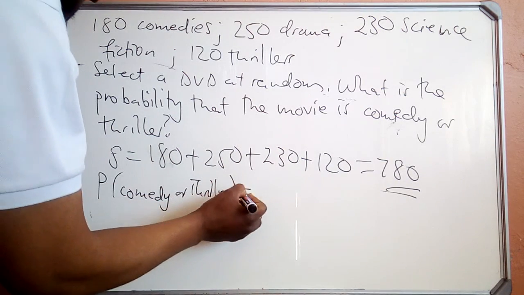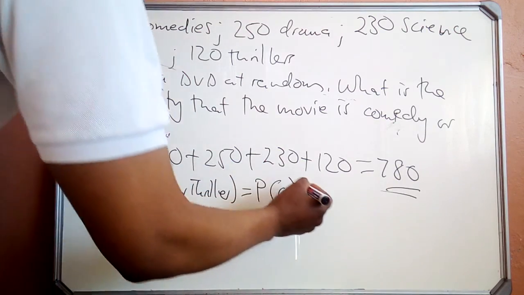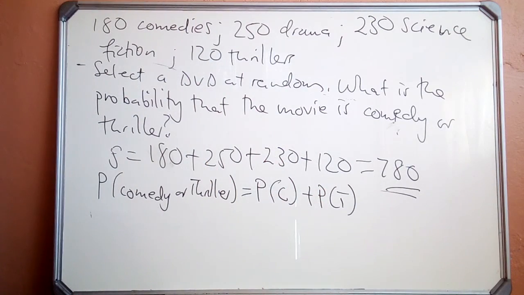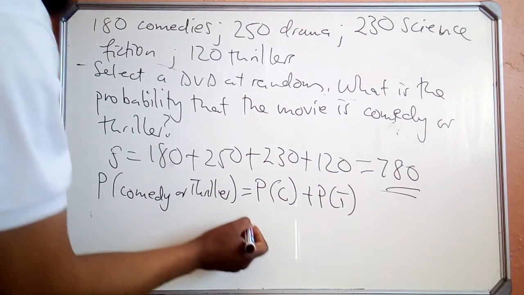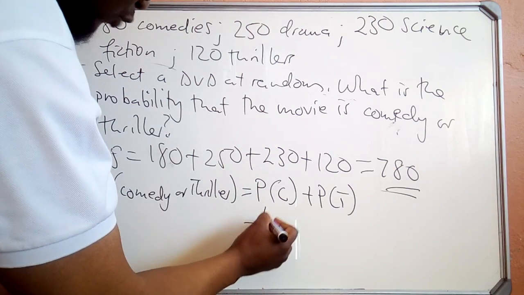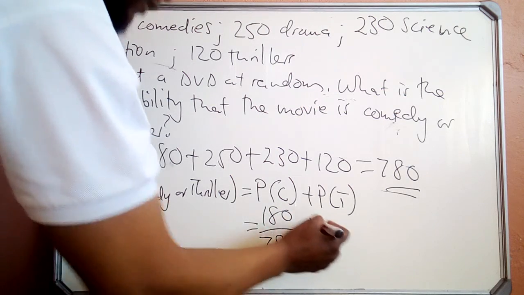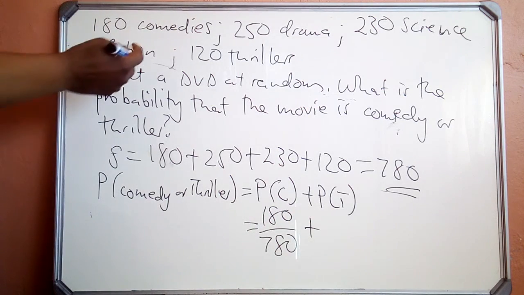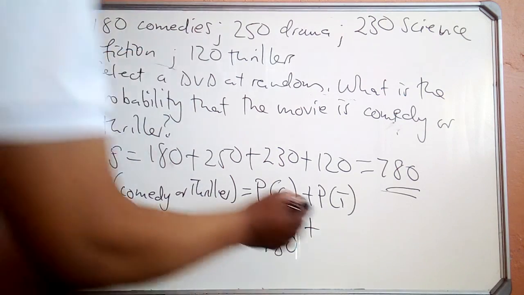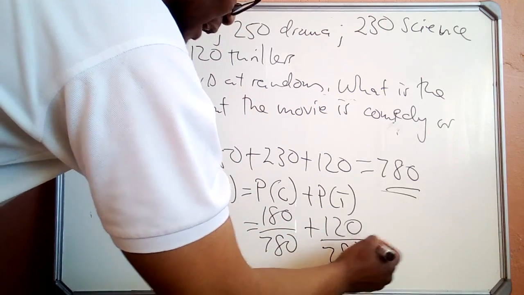Therefore, we have P, comedy plus P, thriller. Comedy is 180 over the total, which is 780, plus the thriller, which has 120, divided by 780 again.